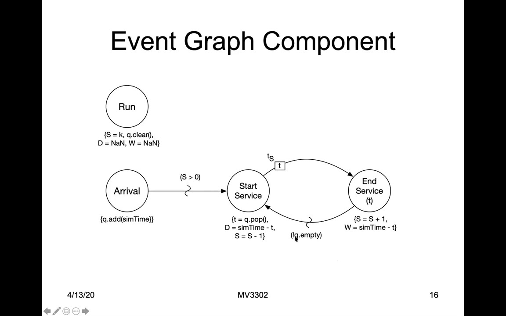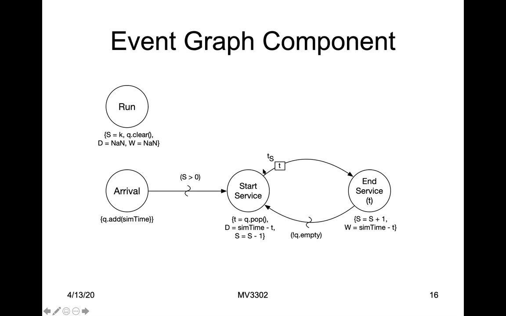But that has no meaning for a container like this little queue. But we can say, are you empty? Or in this case, are you not empty? So if you're not empty, then we can schedule a start service, no problem. Okay, so the final scheduling edge here from start service is that when we start service, we do want to schedule an end service with a delay of a service time.